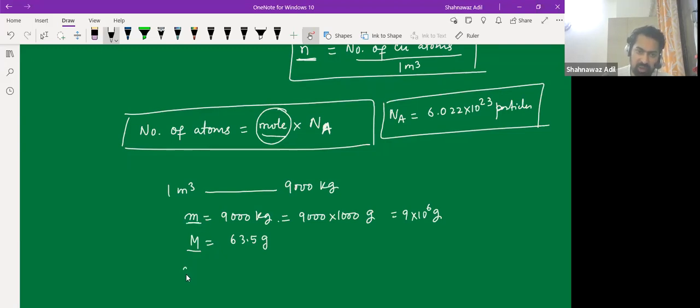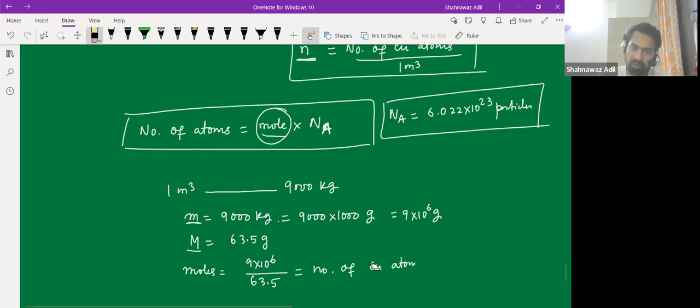Then I'll have this number of moles, which would be mass given divided by the atomic mass. So this is the number of moles, right?